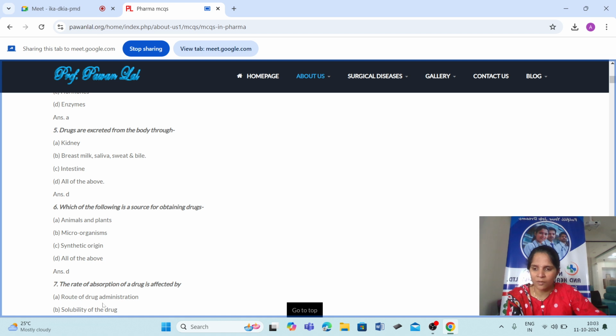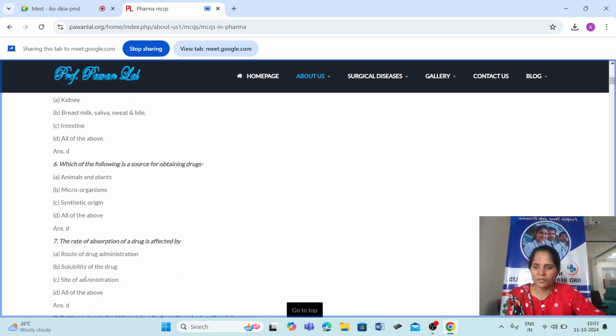Next is site of administration. In the sense, if you go with parenteral route, sometimes they will be giving only at specific sites. I think you might have observed in the hospital. Some injections will be given on the hand and some injections will be given on the back.